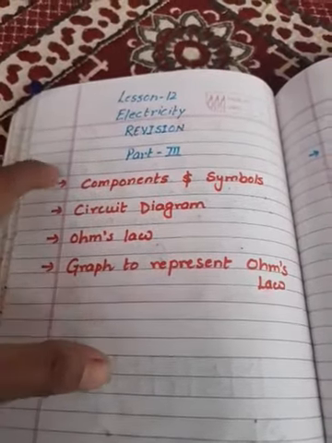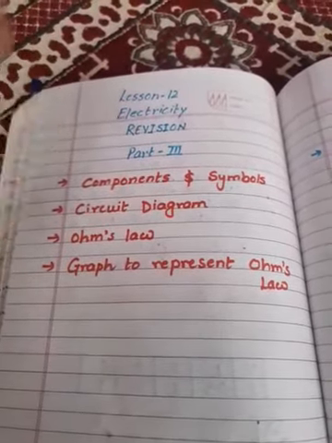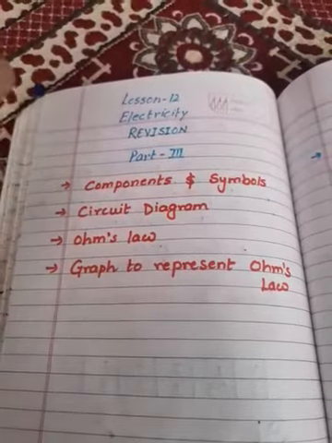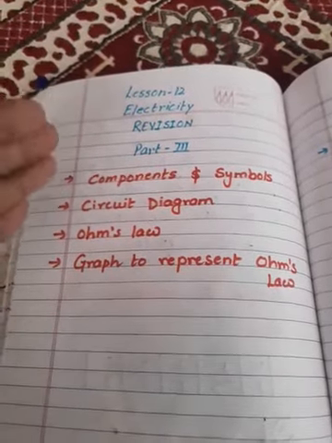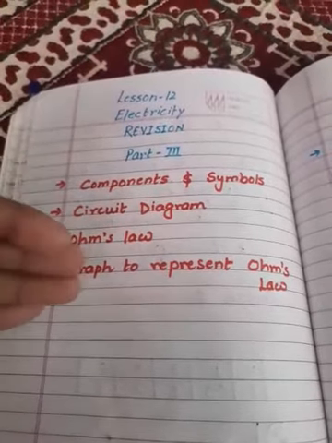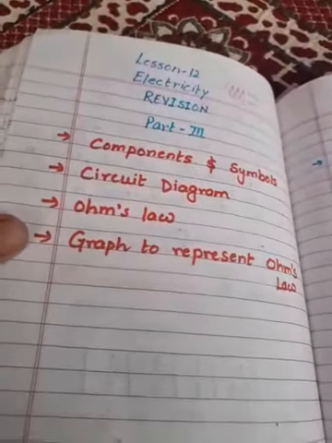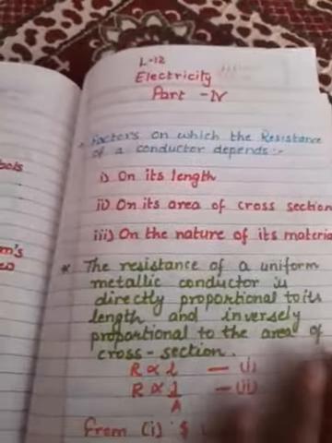These four topics we have done in part 3, and if you have any problem in these topics, then you can pause this video and learn these topics again so that your confusions will be cleared. After that I am going to start part 4 of this chapter.